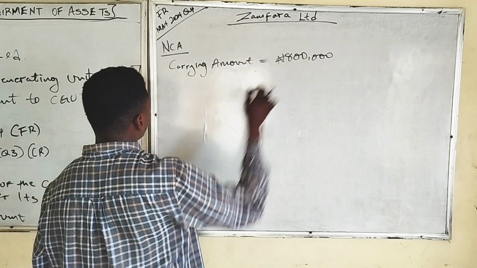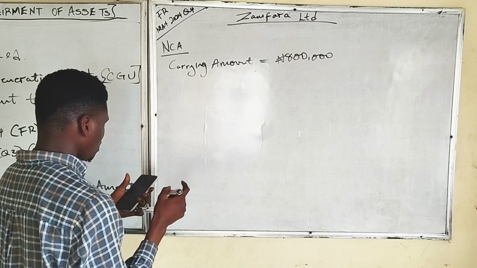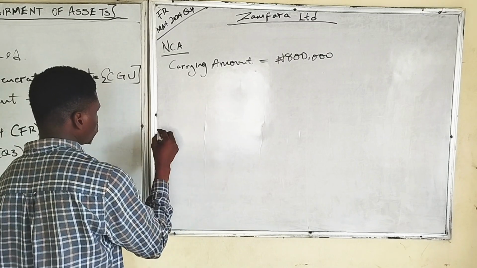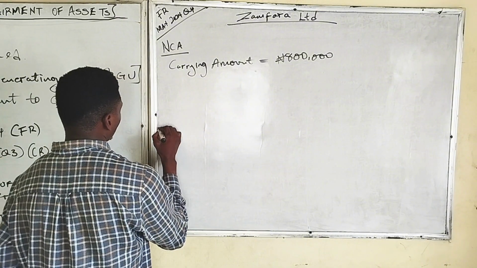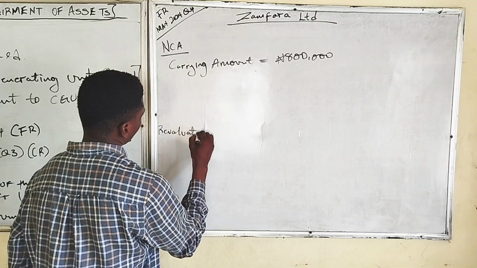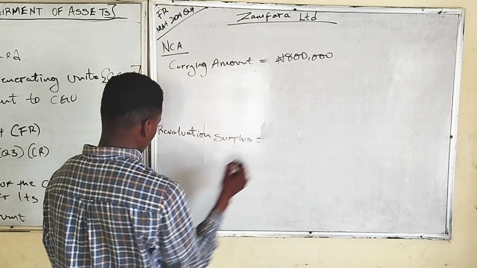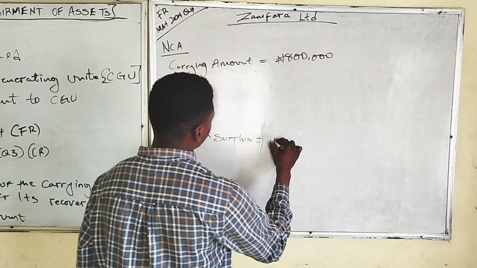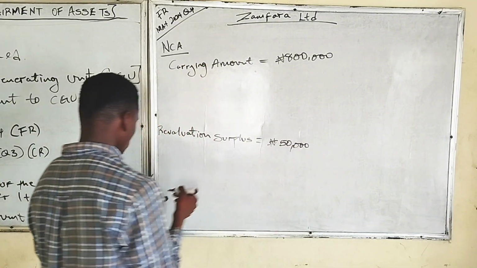Then the asset had previously been revalued and there was a revaluation surplus. So please take note, there's a previous revaluation surplus on this asset, which is 50,000. So we'll take note of that.